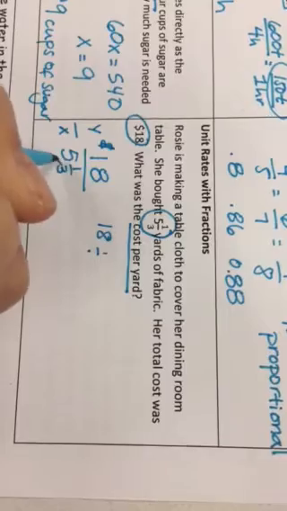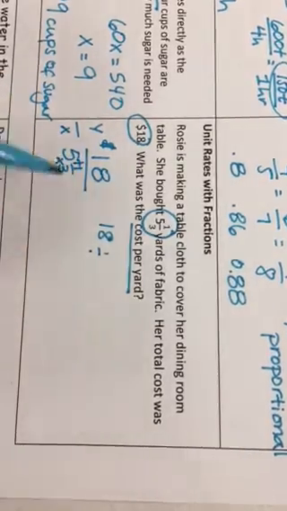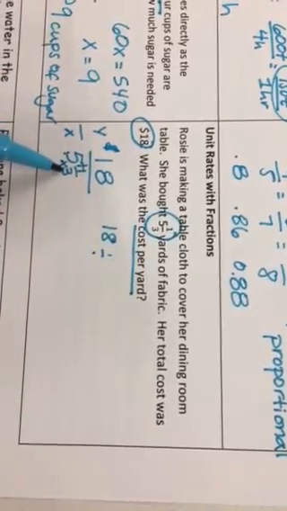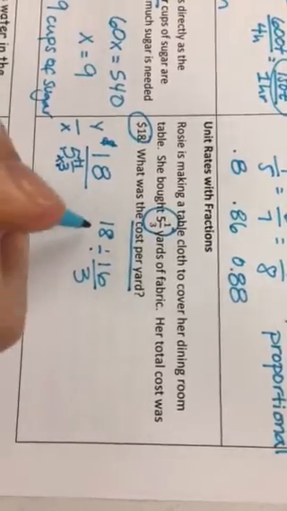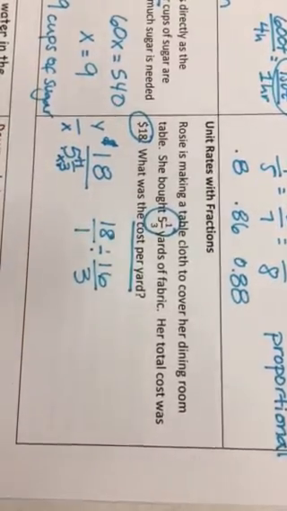So I have 18 divided by 5 1/3. Let's go ahead and make that an improper fraction right away. 5 times 3 is 15, plus 1 more is 16, over that same denominator of 3. To make 18 a fraction, I put it over 1.